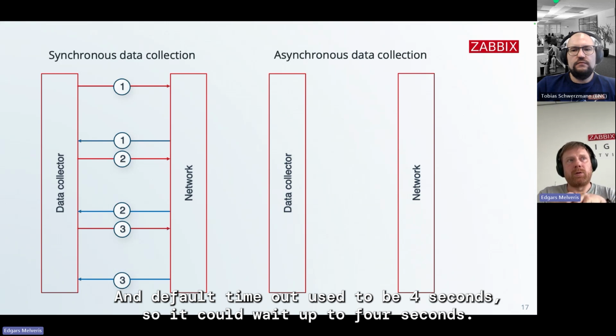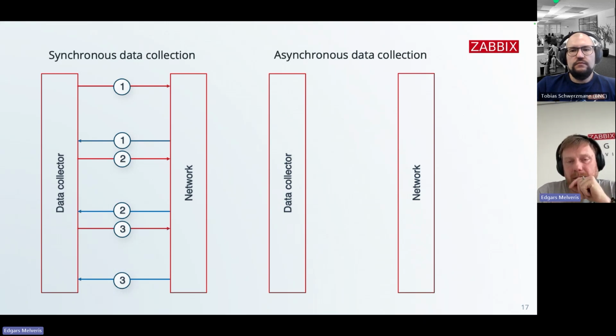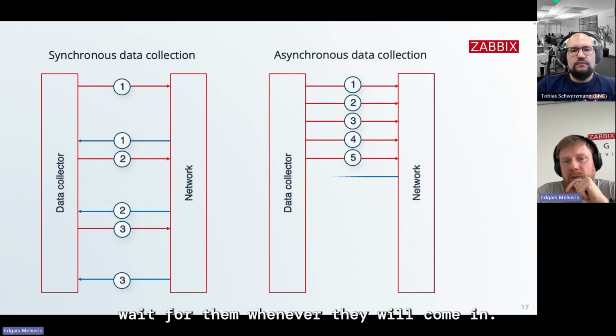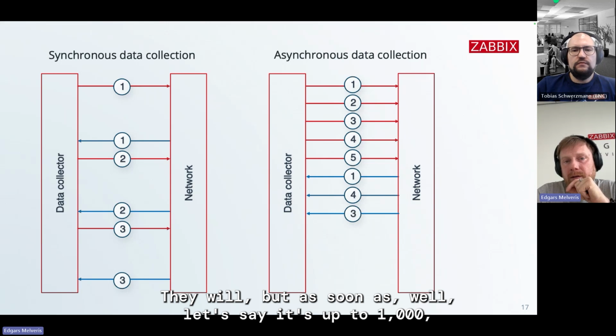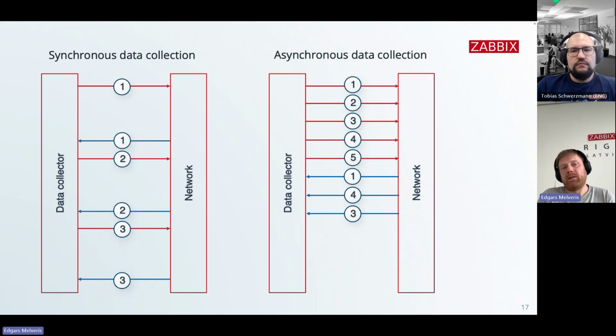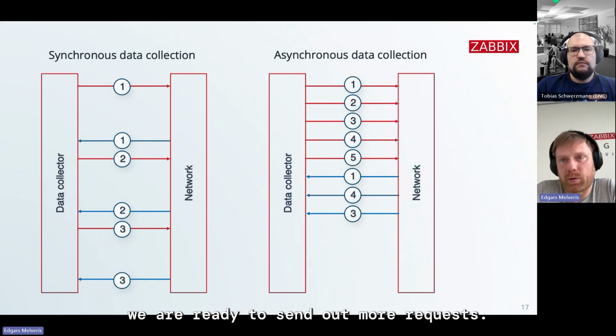The default timeout used to be 4 seconds, so it could wait up to 4 seconds. Now what we do is send lots of requests in parallel, and then we wait for them, and whenever they come in, they come in. Let's say it's up to 1,000 requests sent. As soon as some come back, we are ready to send out more requests.